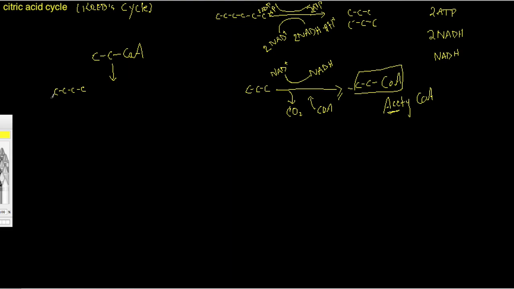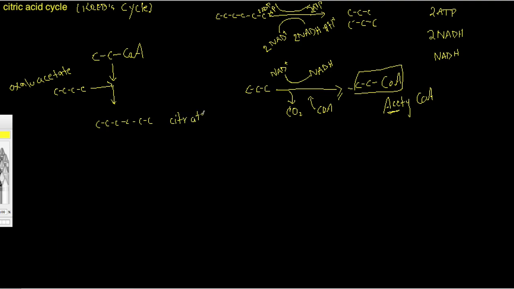It joins a 4-carbon chain molecule called oxaloacetate, and it joins together and forms a 6-carbon chain molecule, 1, 2, 3, 4, 5, 6, called citric.